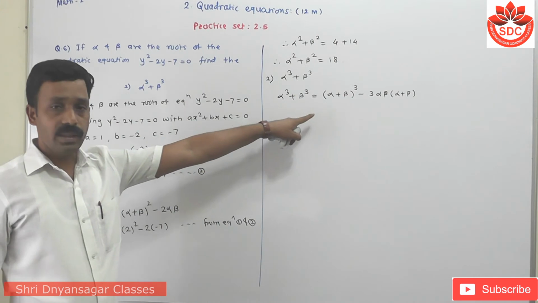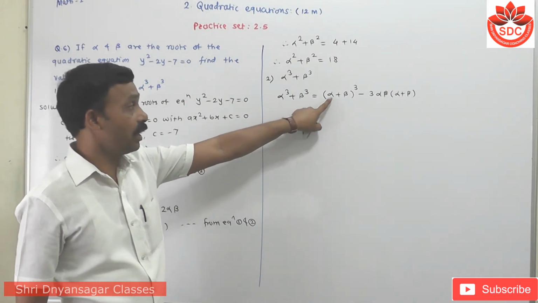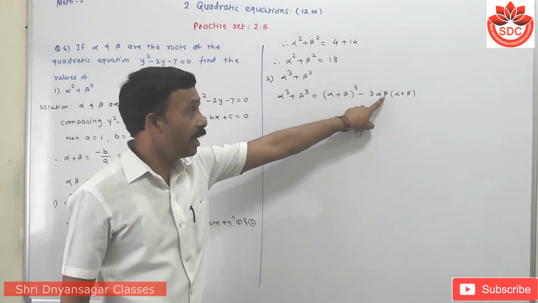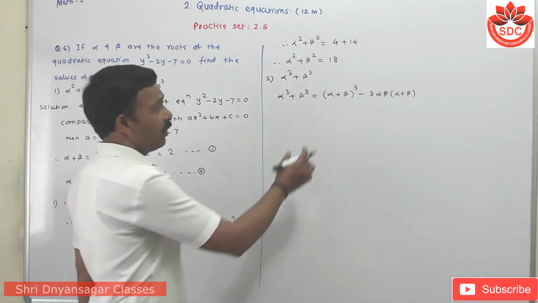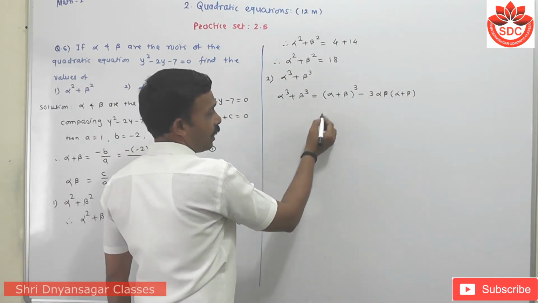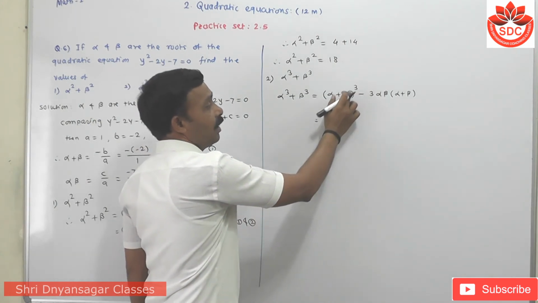First I have to prove this, and then you have to always learn this formula: a cube plus b cube is equal to (a plus b) bracket cube minus 3ab in bracket (a plus b). Now by using this, first I have to show that both sides are the same, which means this formula is correct. Here is (a plus b) bracket cube.